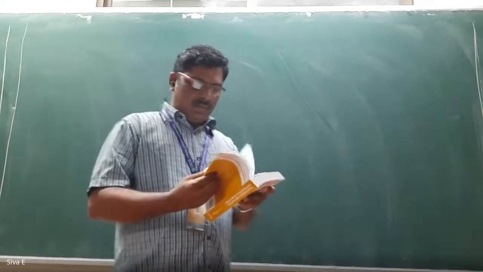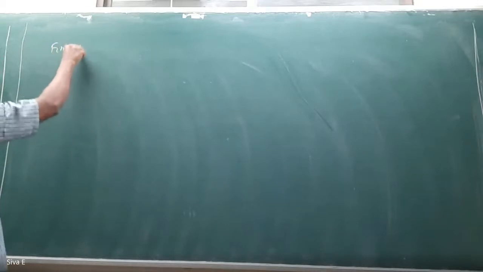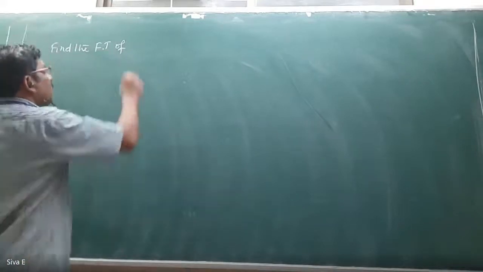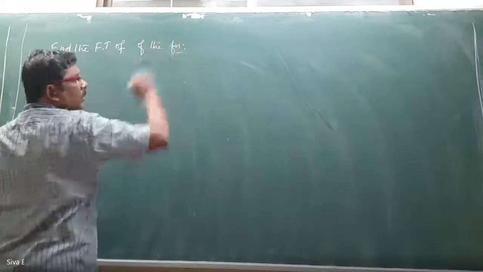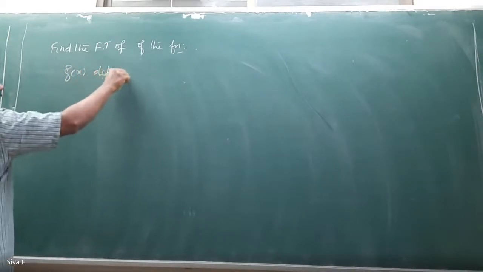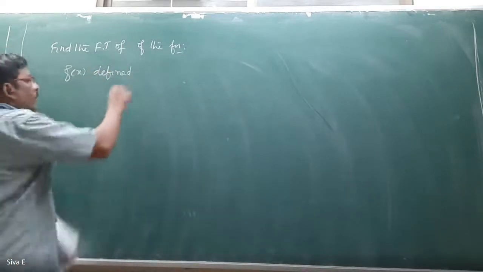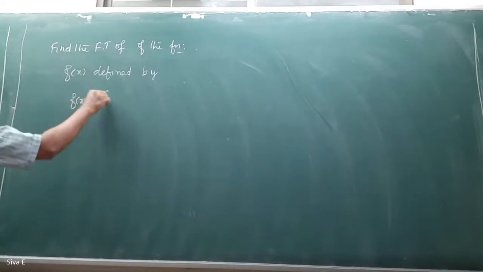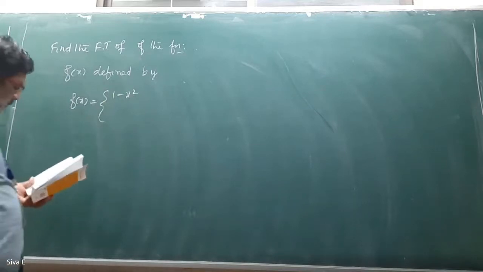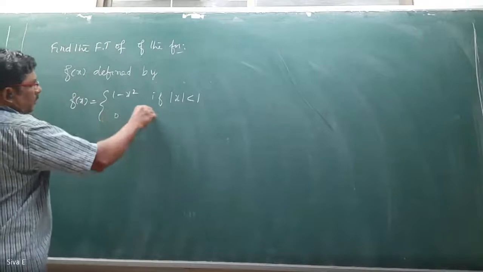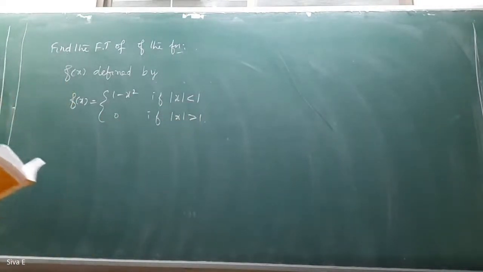Write the problem. Find the Fourier transform of the function f of x defined by f of x equal to 1 minus x square if mod x less than 1, 0 if mod x greater than 1.